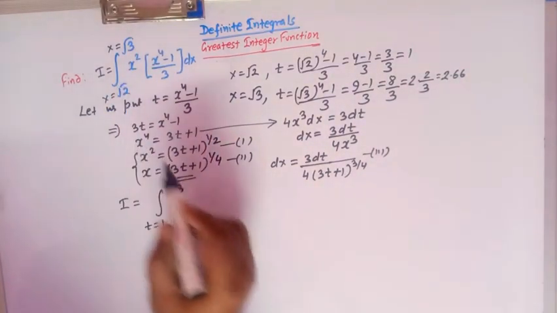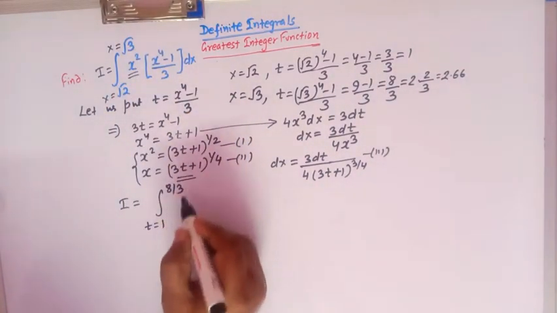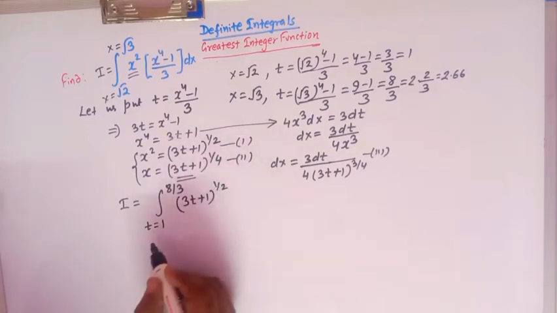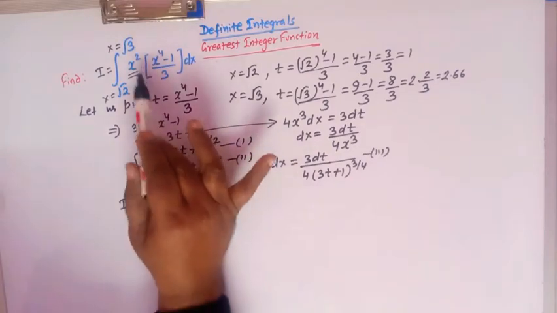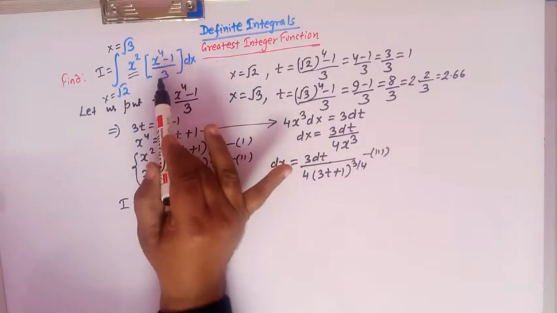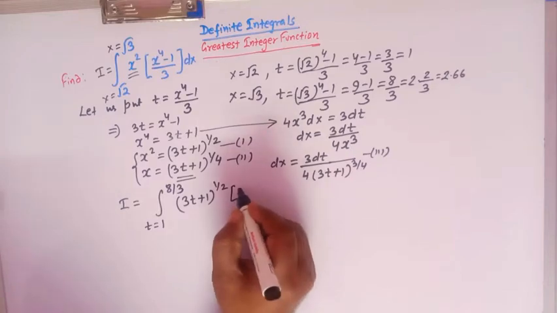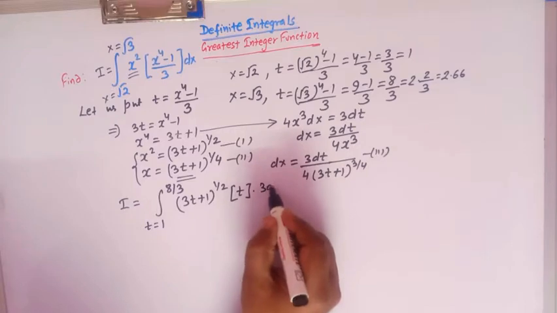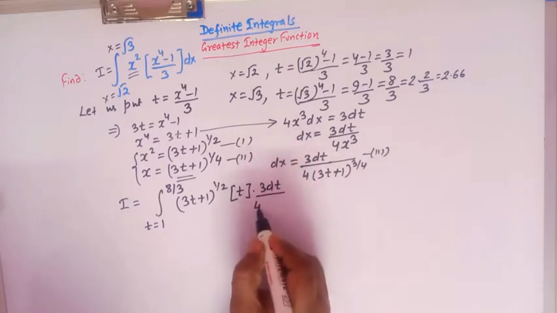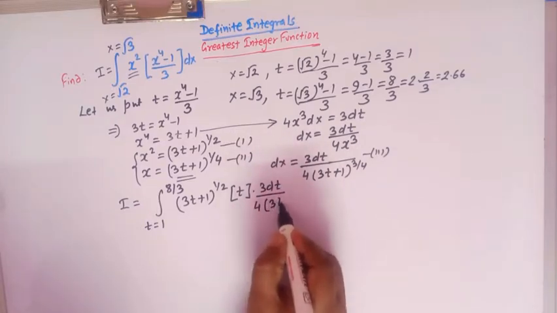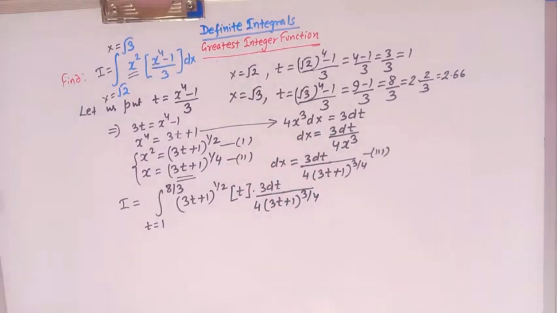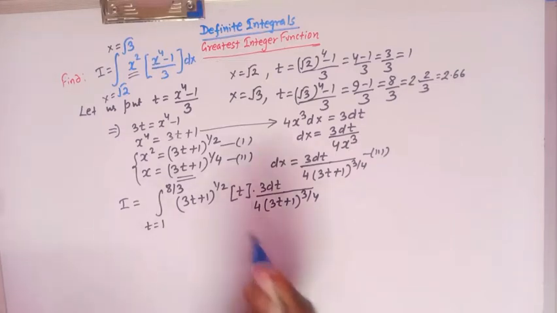And for x² we have (3t + 1)^(1/2), and for the greatest integer of (x^4 - 1)/3 we have the greatest integer t, and for dx we have 3 dt over 4 times (3t + 1)^(3/4), right? Okay, now let us simplify it.